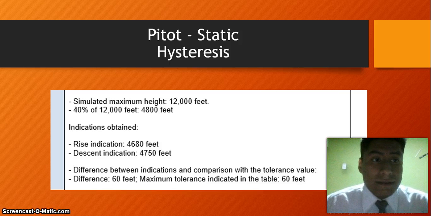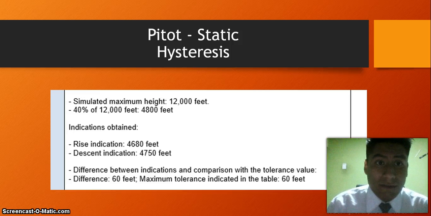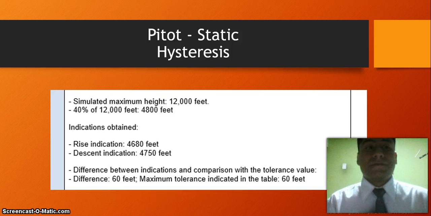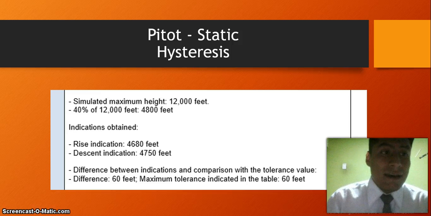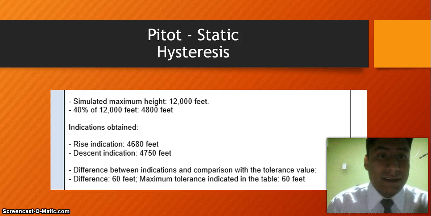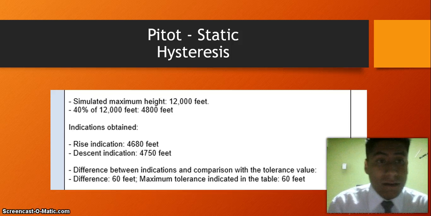Finally, hysteresis. The hysteresis test is performed 15 minutes after the completion of the scale error test. For this purpose, the instrument must be brought to the maximum altitude indication, taking values both in ascent and descent. These values are taken at 40% and 50% of the maximum indication, rise and fall.